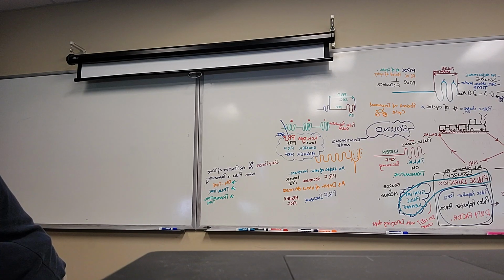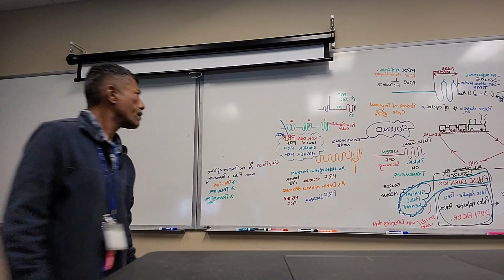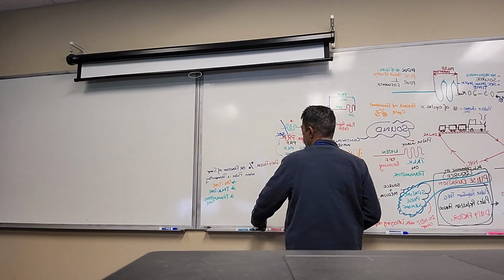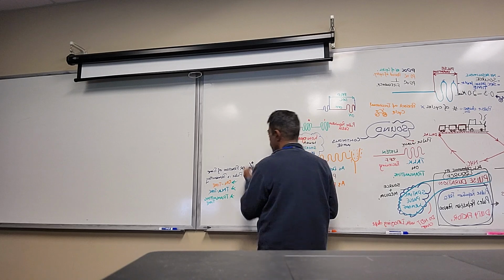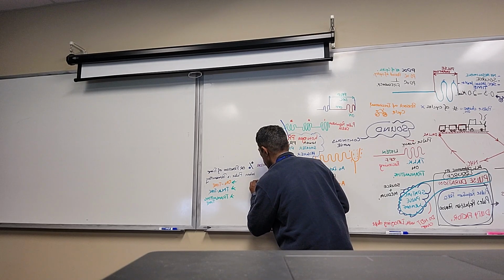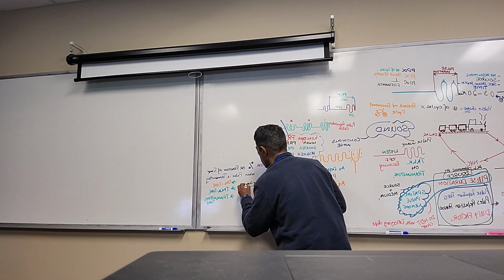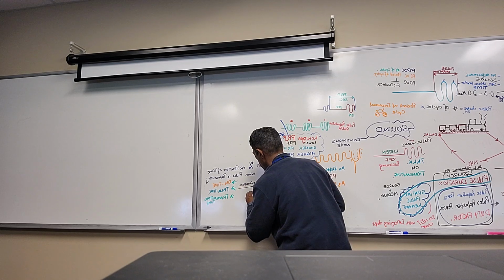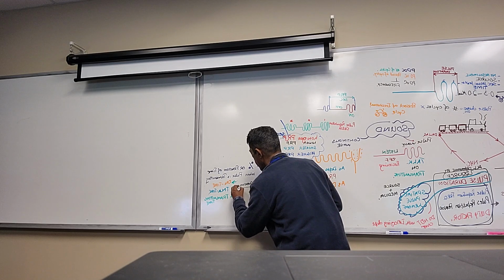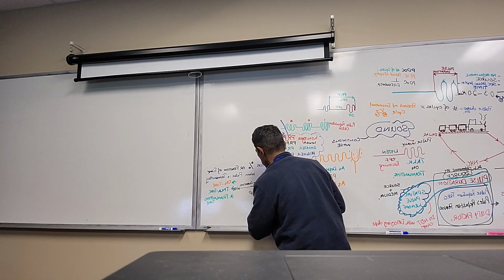So duty factor, which is a percentage, is equal to pulse duration divided by PRP, times 100.